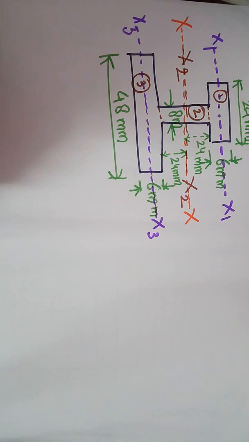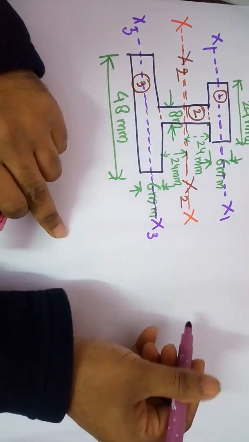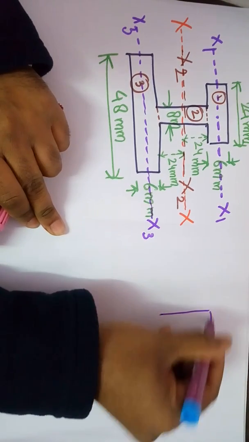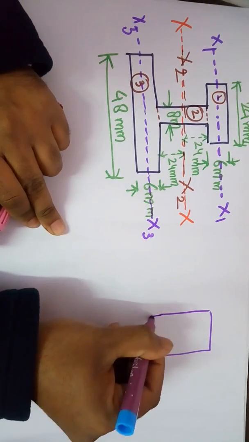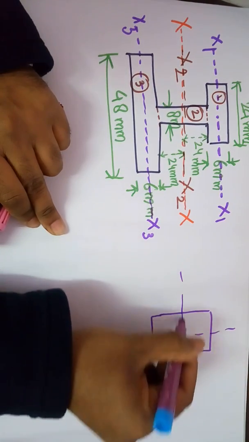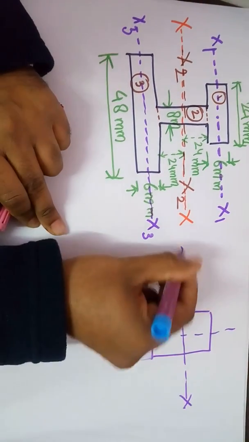As we have drawn the diagram correctly, represented all the dimensions and designated the axis also, now we have learned the moment of inertia of any rectangular portion. If any rectangular portion is there with me, and these are the centroidal axes, this is the y centroidal axis, this is the x centroidal axis.